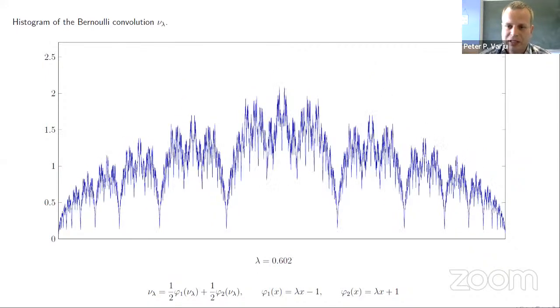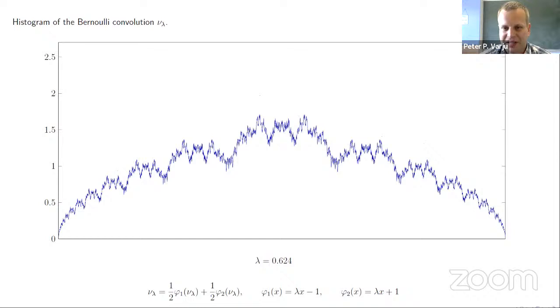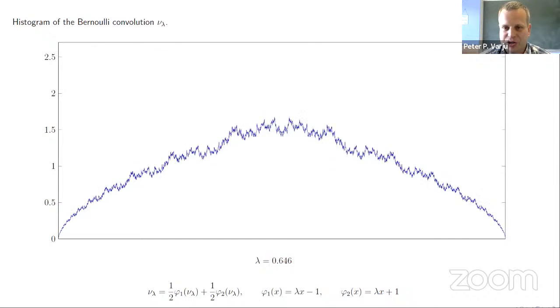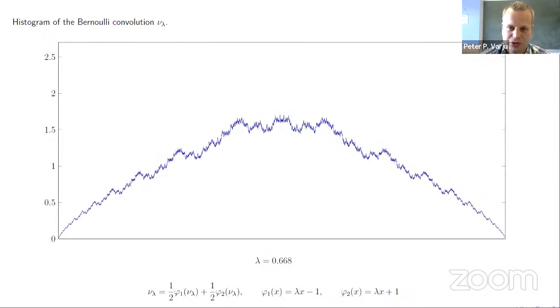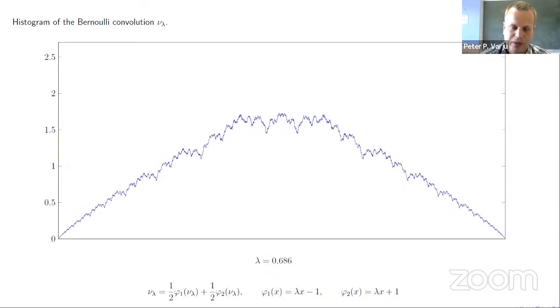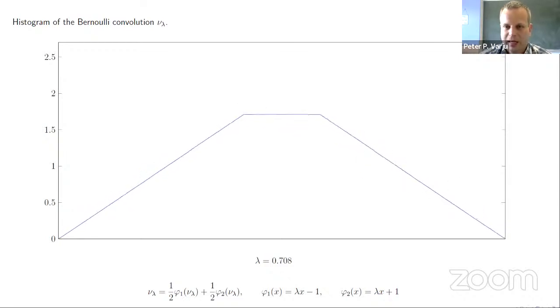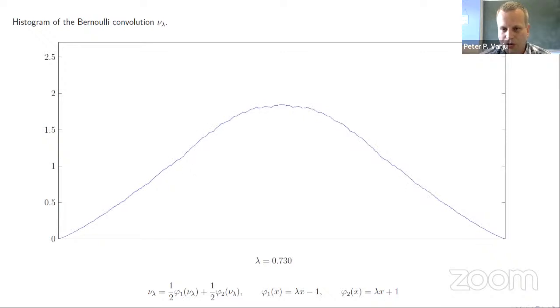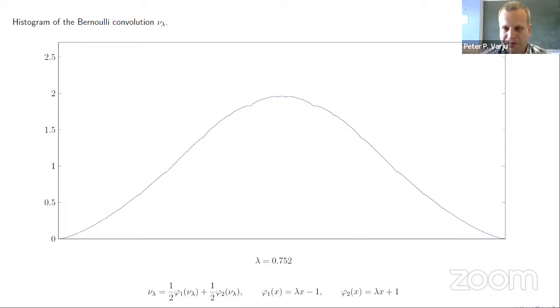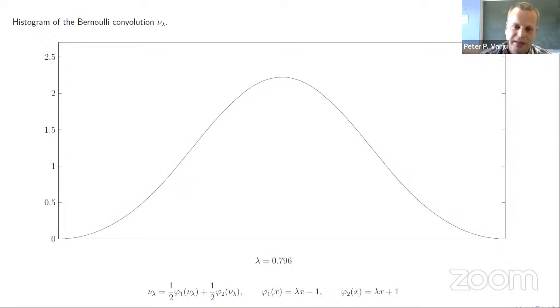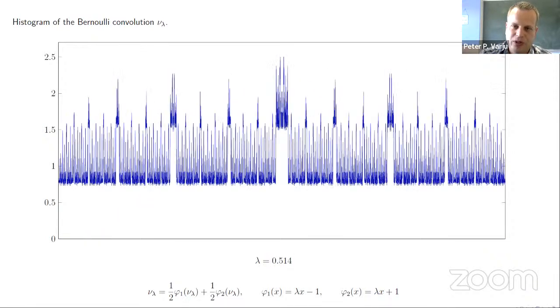Our current state of knowledge is that these measures are absolutely continuous for almost all values of lambda between 1/2 and 1. But we don't actually know precisely what the exceptional values are where it is not absolutely continuous.